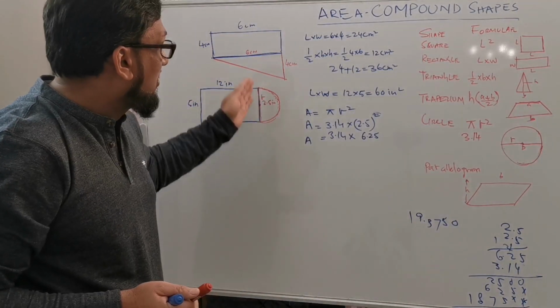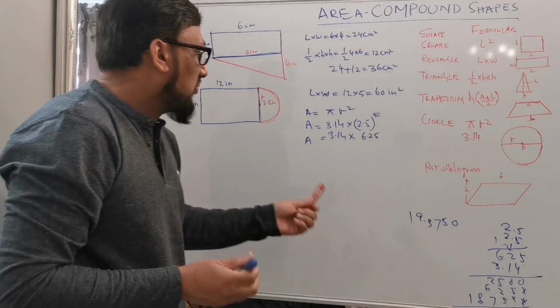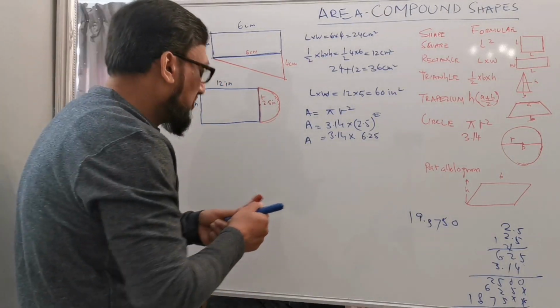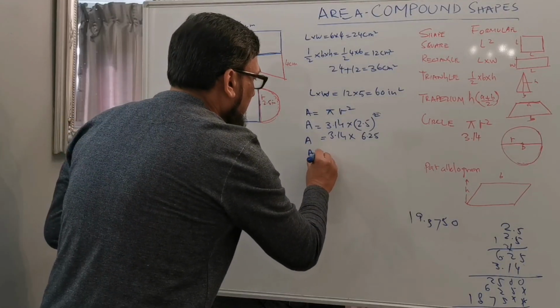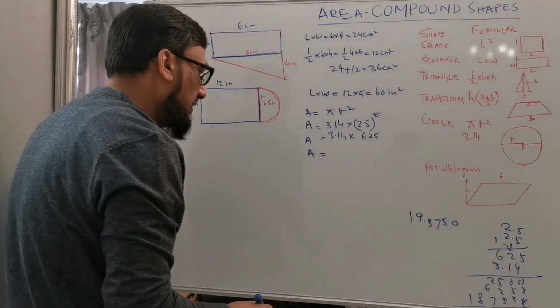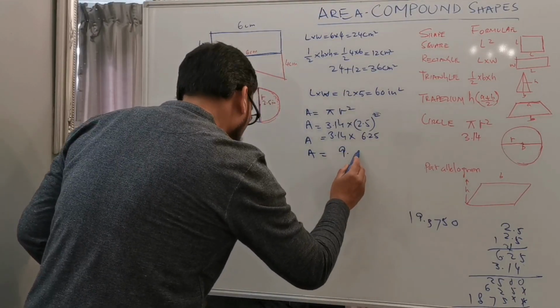But here it is a half circle, so you need to divide by 2. Once you divide by 2, the area for this half circle will be 9.81.